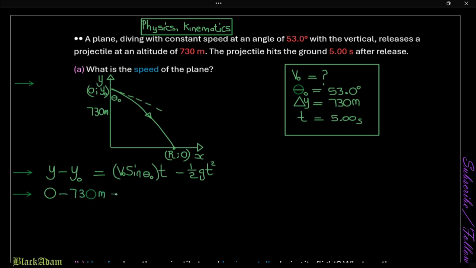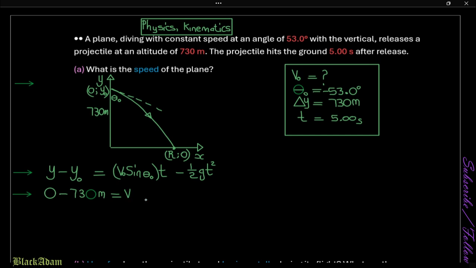The object was going down, and the initial speed is unknown, so we write it as v naught, with theta that is 53. So we need to find the difference.